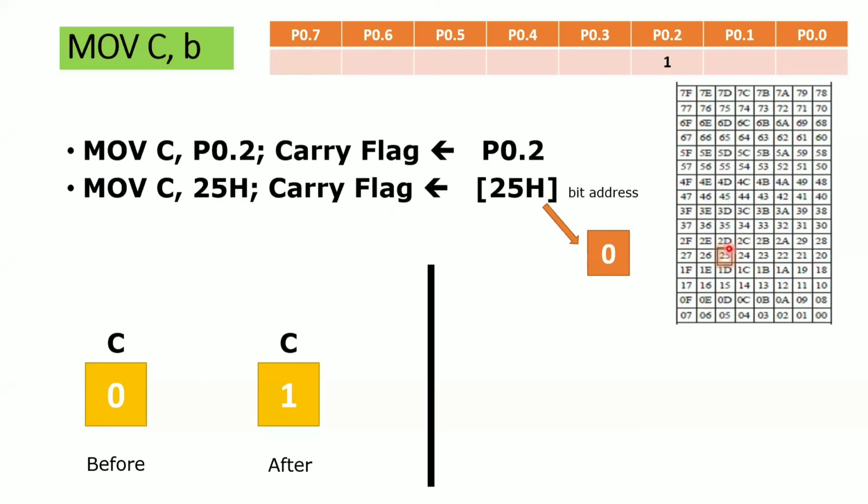Suppose in this bit addressable location 25H there is a value 0. After executing this instruction, what will be the carry flag? Take an example, the carry flag before is 1. After performing this instruction, what will be the carry flag value? 0, because the 25H address location consists of 0. That 0 will replace the 1 in the carry flag.